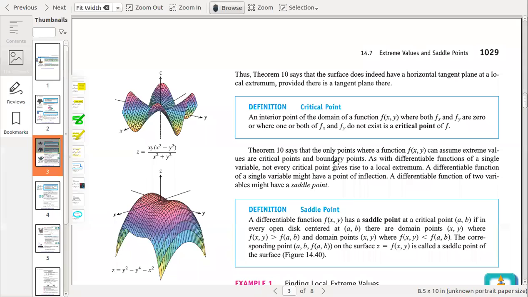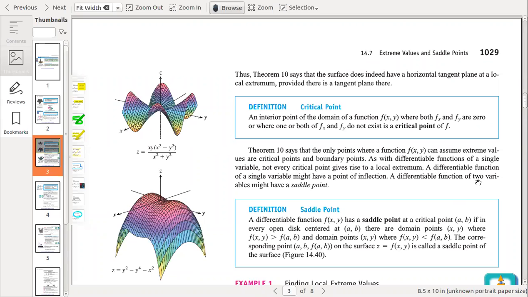Theorem 10 says that the only points where a function can assume extreme values are critical points and boundary points. As with differentiable functions of a single variable, not every critical point gives rise to a local extremum. A differentiable function of a single variable might have a point of inflection.